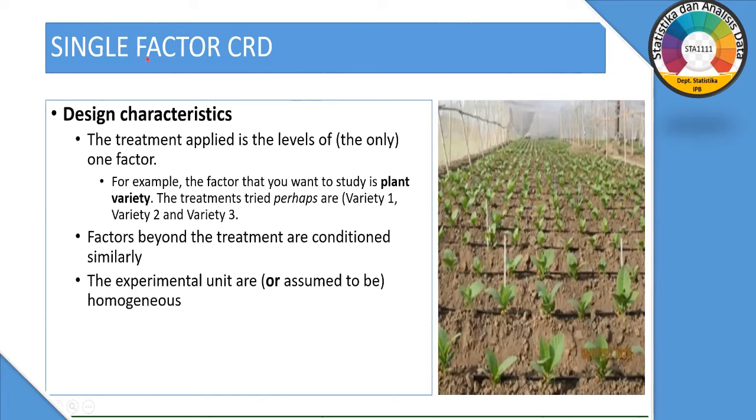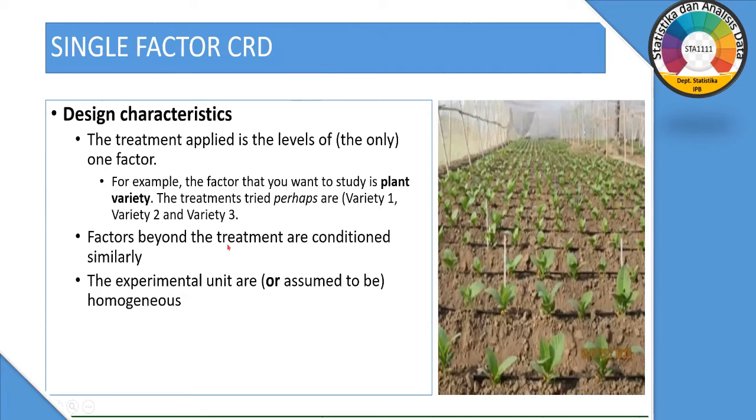In the single factor CRD, the characteristic of the design is that the treatment applied is the level of the only factor, because it is only a one factor experiment. The second one is that the factors beyond the treatment are conditioned similarly or homogeneous. I think it is better to refer to my previous explanation.